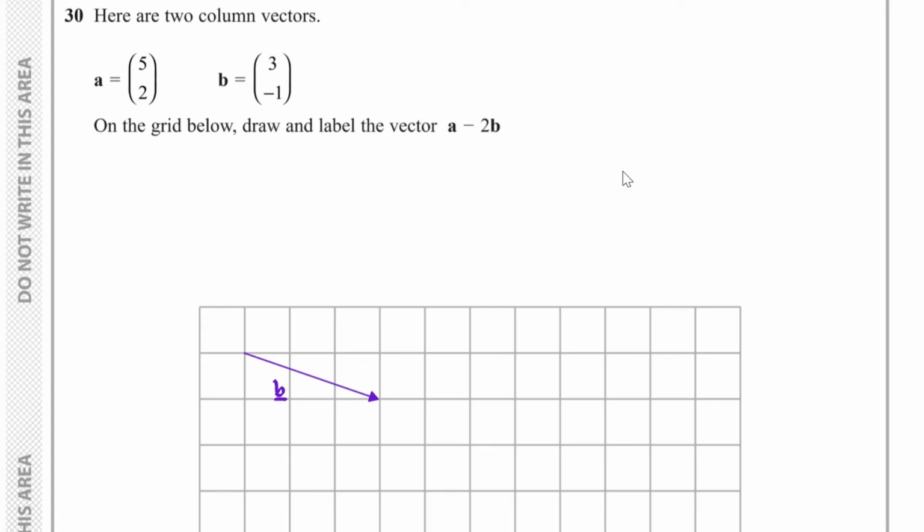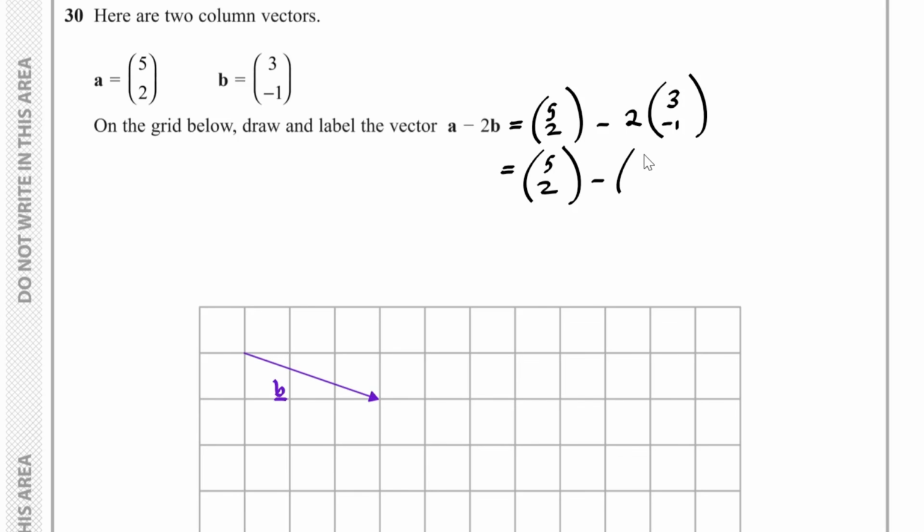So the vector A minus 2B, if we work this out, we have A, which is equal to (5, 2), minus 2 lots of B, so we have 2 lots of (3, minus 1). So here we have (5, 2) minus, well, 2 times 3, that's 6, 2 times minus 1, that's minus 2.